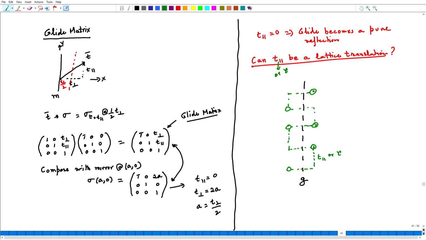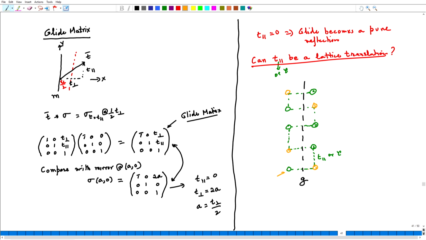Now, I am saying tau or t parallel is a lattice translation, which means the lattice translation symmetry also has to be imposed. And if I do that, then the motif here, for example, would be taken to this location. Similarly, this motif will be taken here, this motif will come here, and this motif will come here.